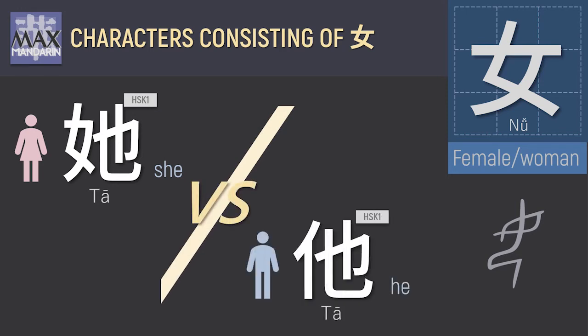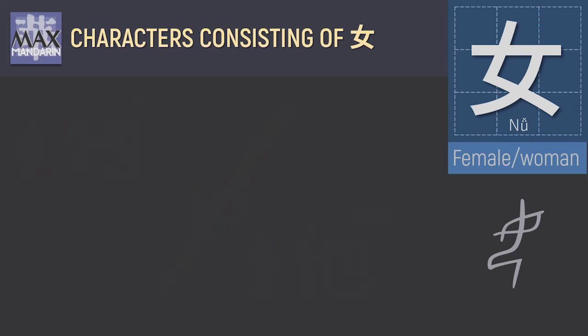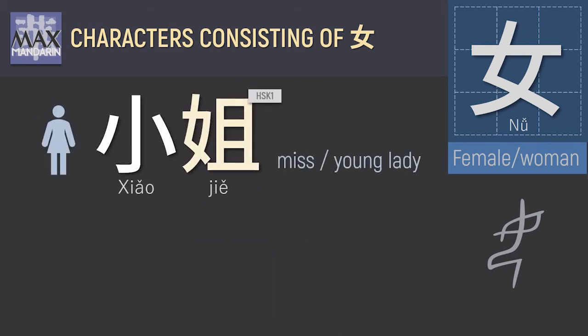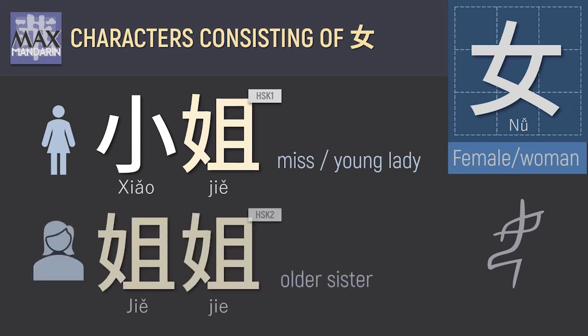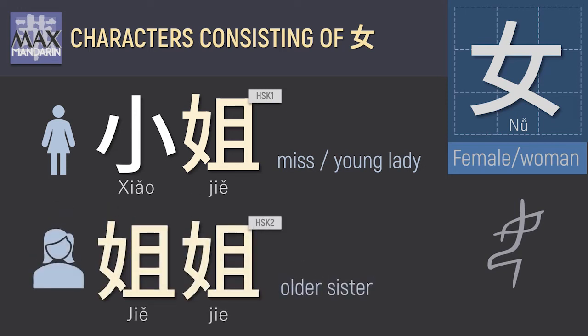and 他, he. Obviously, the differences between the two characters are their radicals. There's no need to explain why the radical for she is 女. Another character, 姐, as in 小姐, Miss, and 姐姐, older sister.